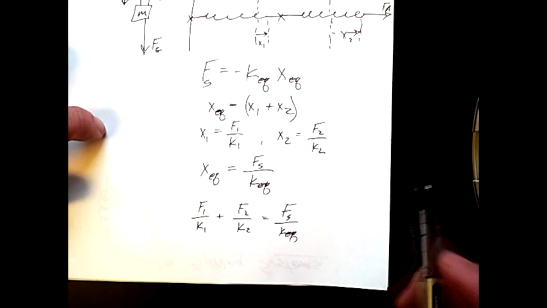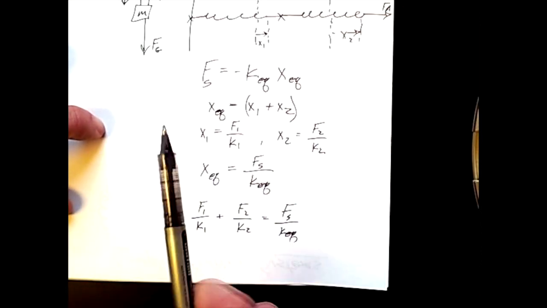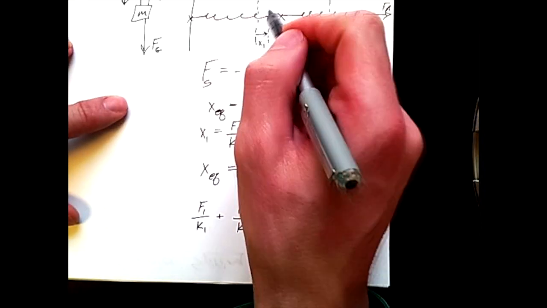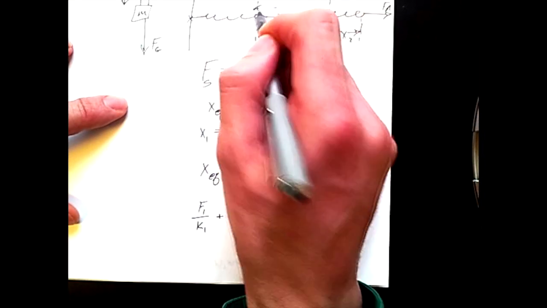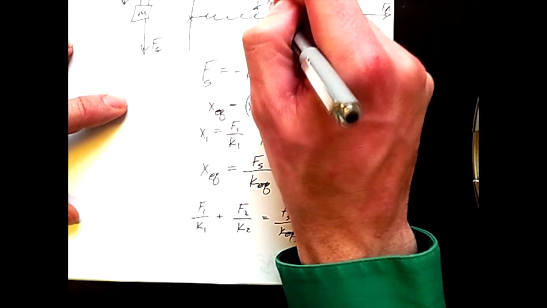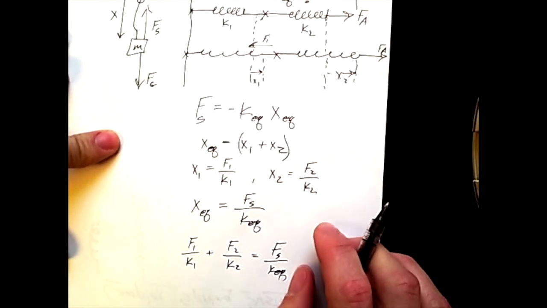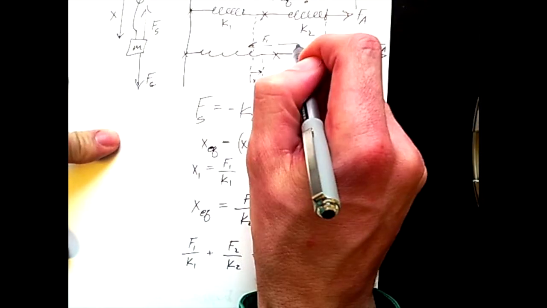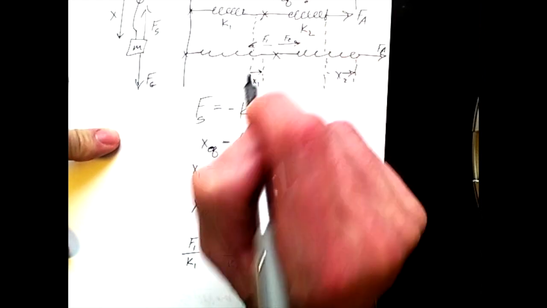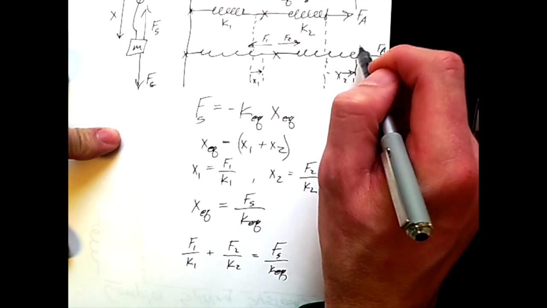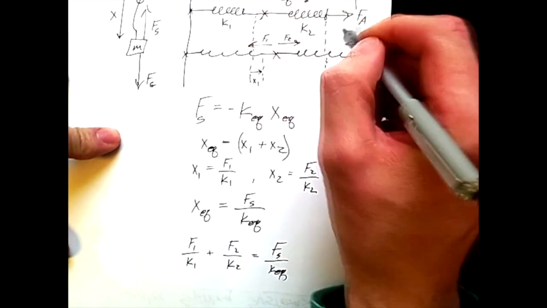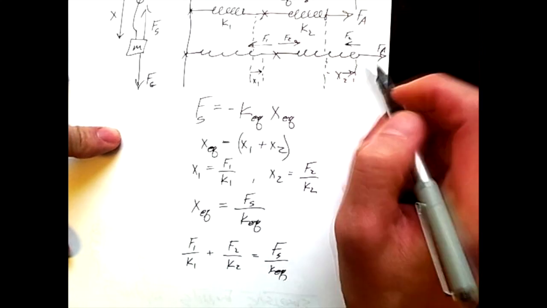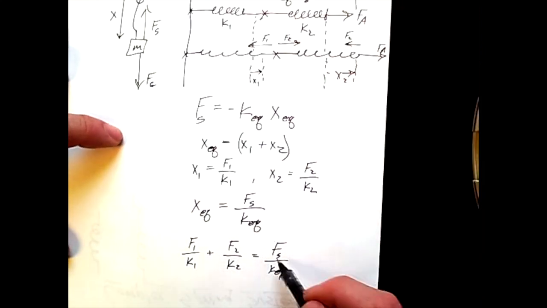Now, what we need to remember is that when we are pulling, the system is at equilibrium, which means that the force with which this spring is applying, F1, pulling back in its original position, is being pulled on by this spring, F2. And F2 is being applied as a resistant force to that system, F2 to FA, which is what we're thinking of as being the overall spring force.